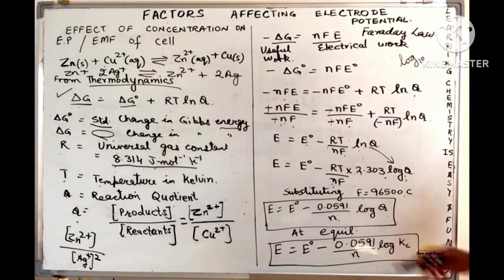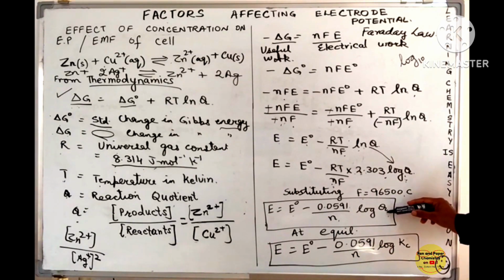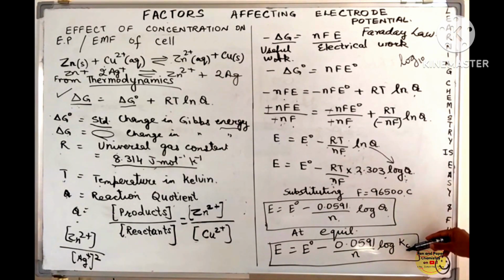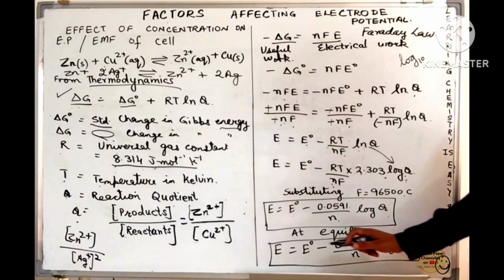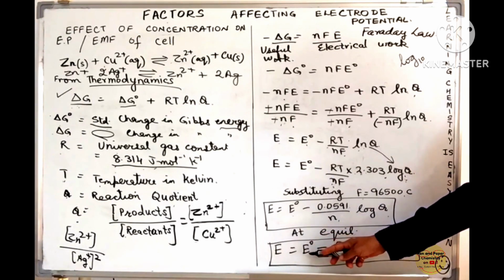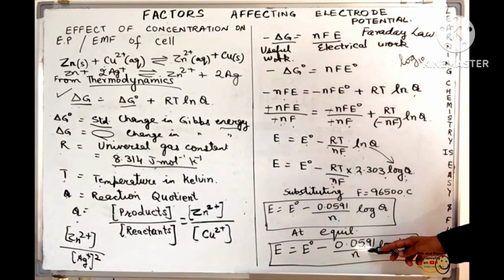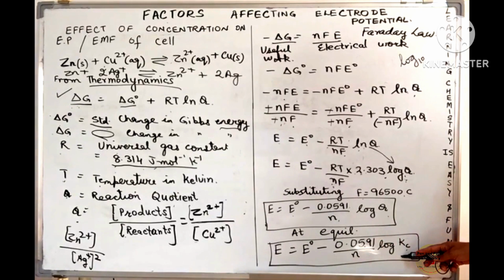So what will happen at equilibrium? At equilibrium, this Q becomes equal to Kc, the equilibrium constant of this particular reaction. So we have the final expression as E equals E naught minus 0.0591 upon n log of Kc.